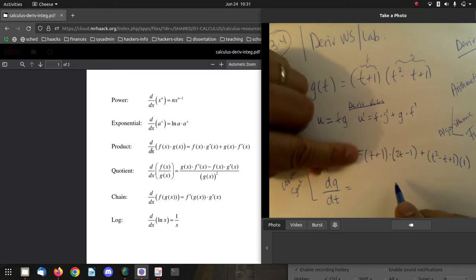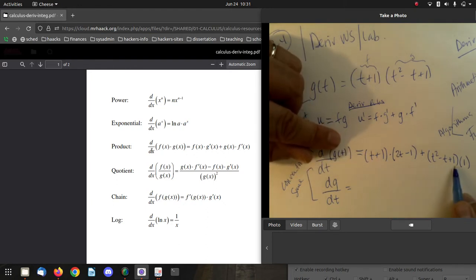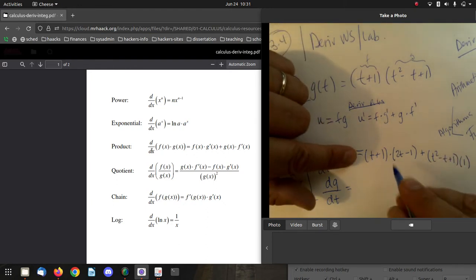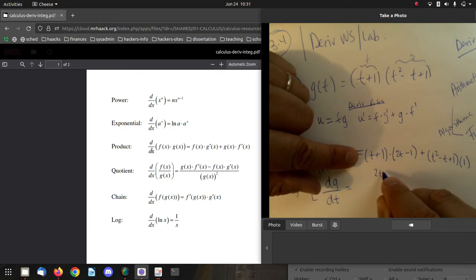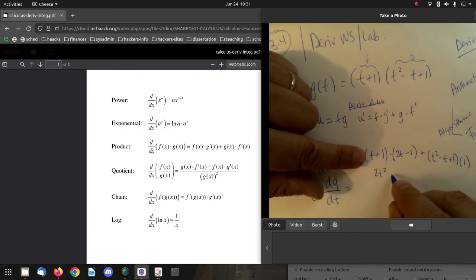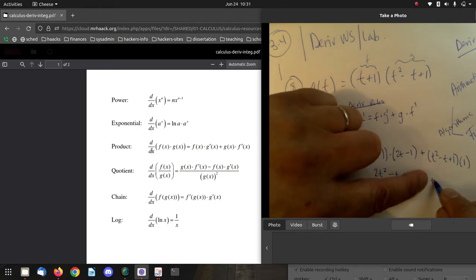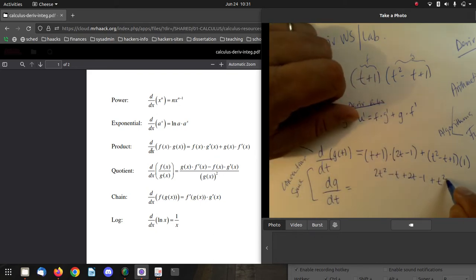Now we simplify. First of all, you're done here. You don't really need to simplify, but if you want, you can. So we'll go ahead and do that. So 2t squared minus t plus 2t minus 1. Then we'll do this side separately. Well, this is just it is what it is because it's times 1, so that makes that easy.